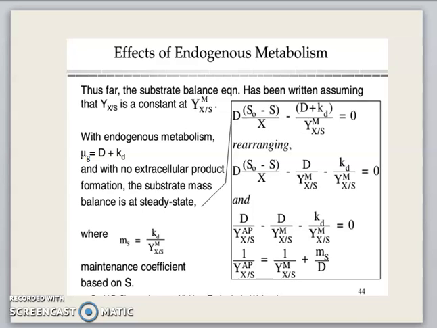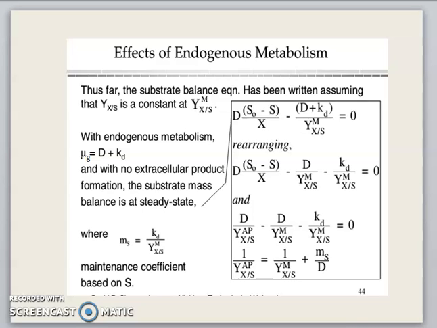The effect of endogenous metabolism. We know that endogenous metabolism exists during the stationary phase. Thus far, the substrate balance equation has been written assuming that Yxs is constant at Y m xs. With endogenous metabolism, mu g will be equivalent to D plus Kd, because there will be a rate of death due to endogenous metabolism.